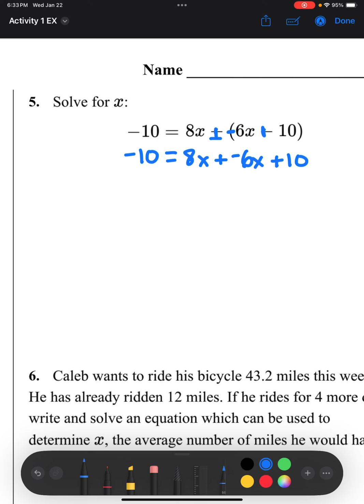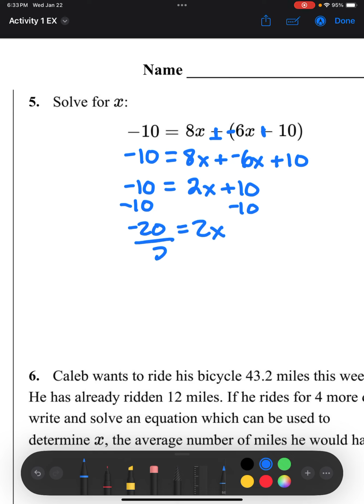Then we simplify that again. That leaves us 2x, right? Plus 10. Subtract 10 from both sides. That leaves us negative 20 equals 2x. Divide by 2 on both sides. Negative 10 equals x.